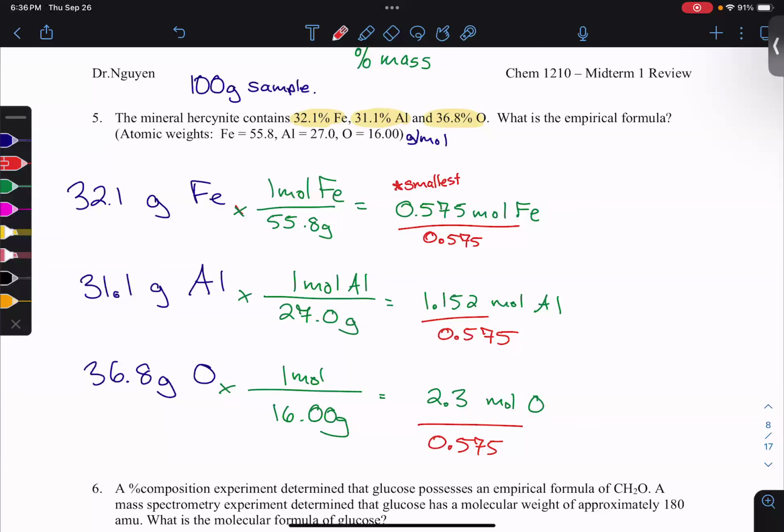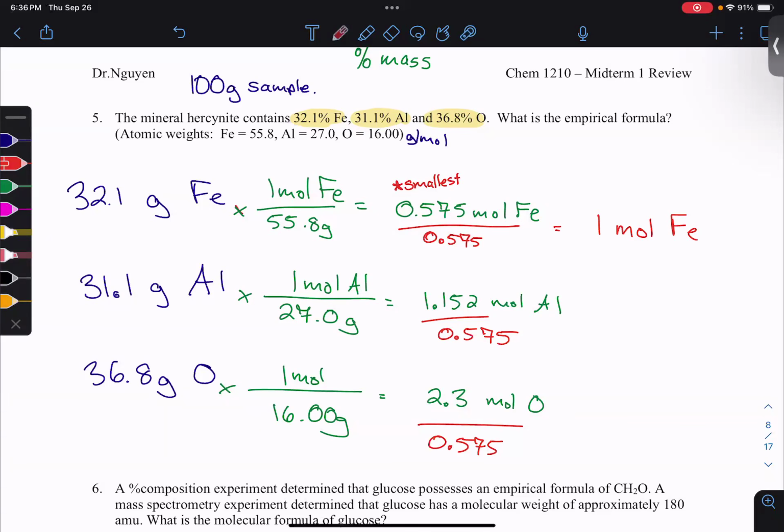Why do we do this? It's because then we guarantee one of these mole ratios is an integer, because any number divided by itself is always 1. So we force iron to have a mole ratio of 1, right? By dividing that smallest number by itself, right?